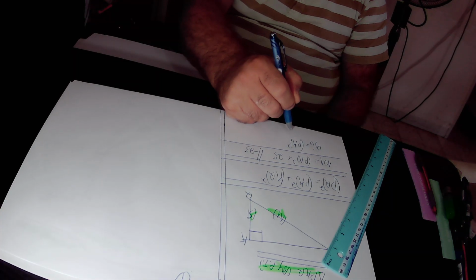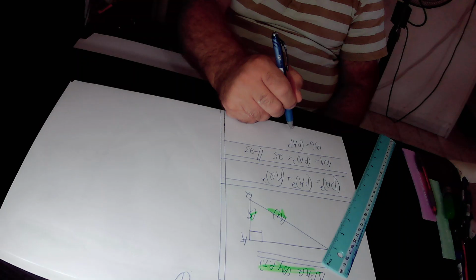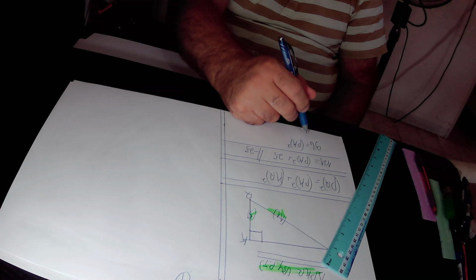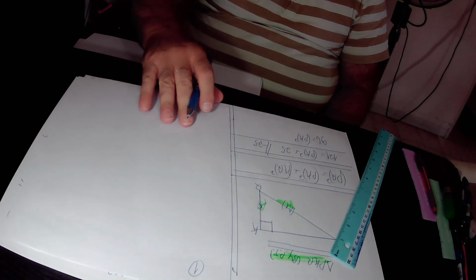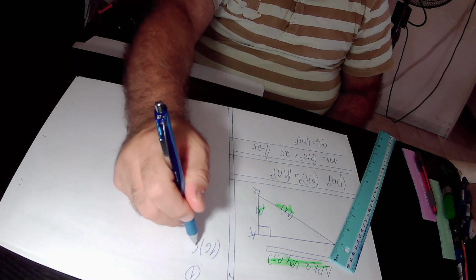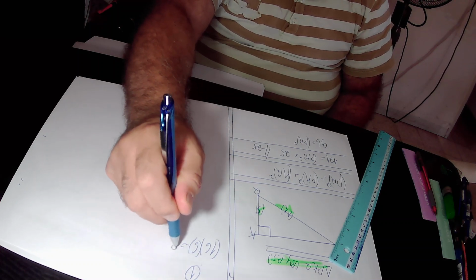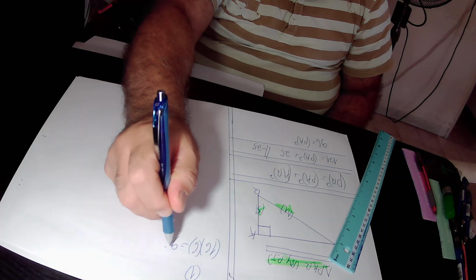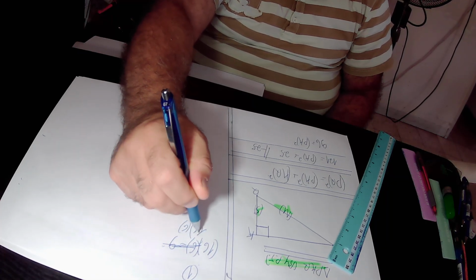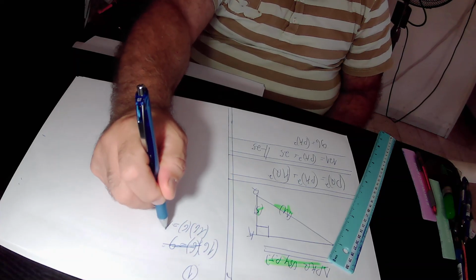Here we will substitute 96 by 16 times 6. So 16 times 6 equals 96. 16 times 6 equals PK squared.